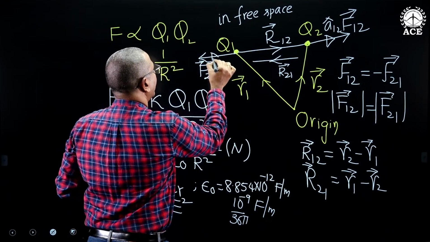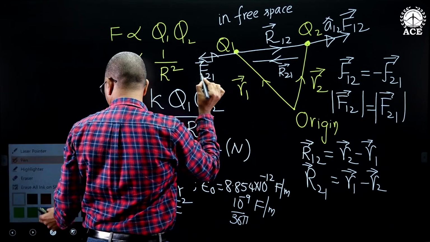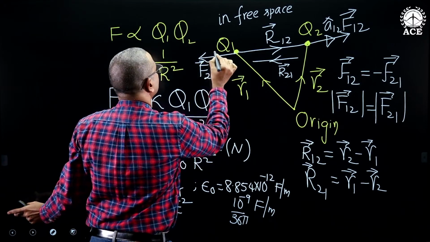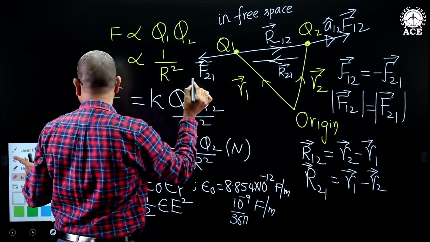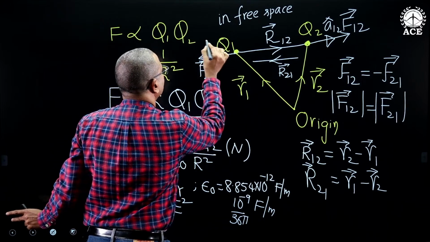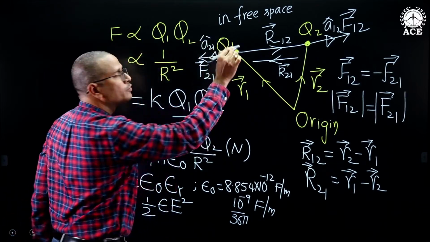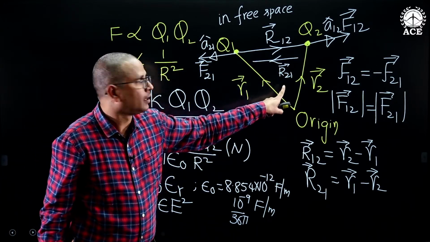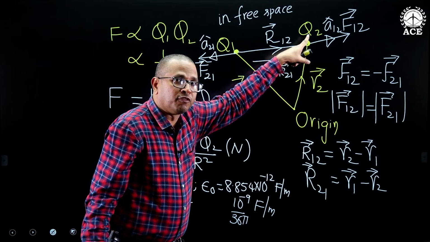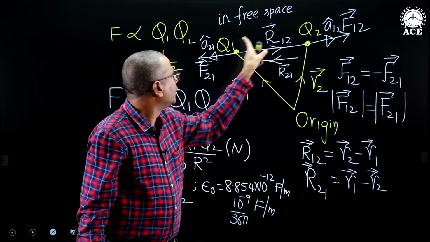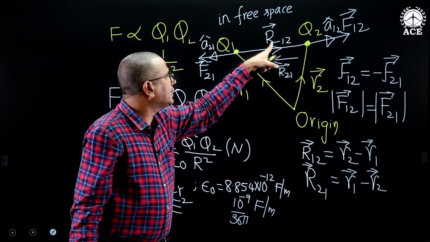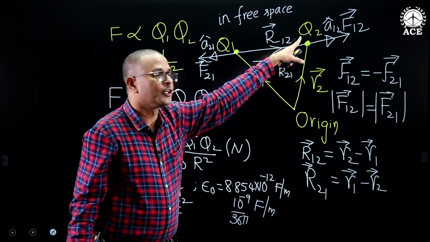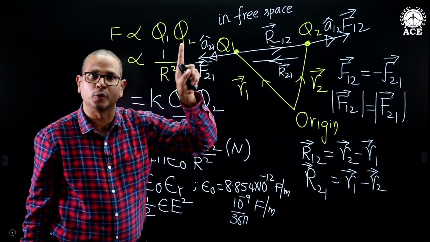Similarly, A21 cap, which gives the direction of force, depends on R21 bar. So if I wish to find the force on Q2 due to Q1, we must take the arrow with its tip pointed towards that object Q2.